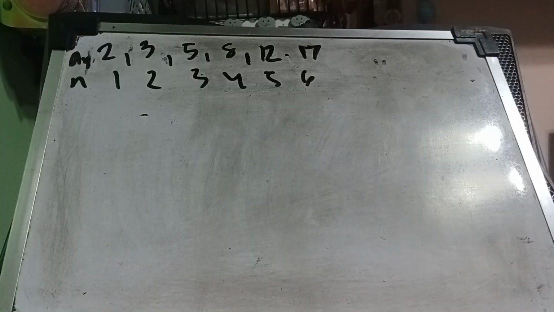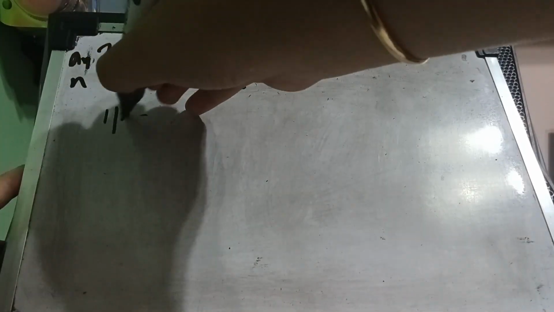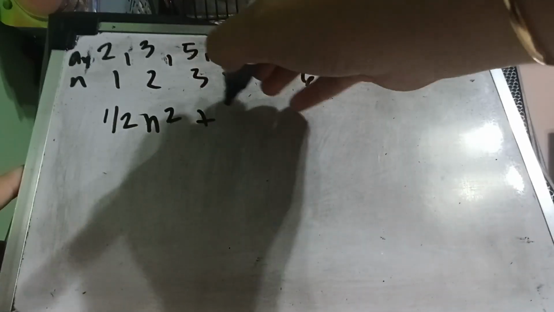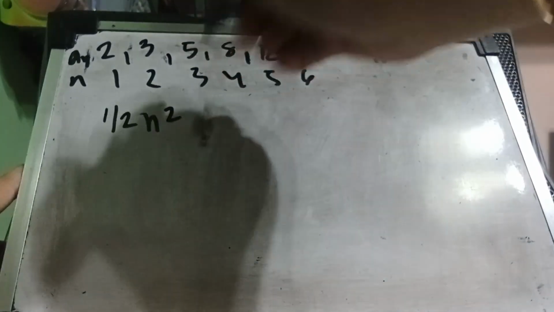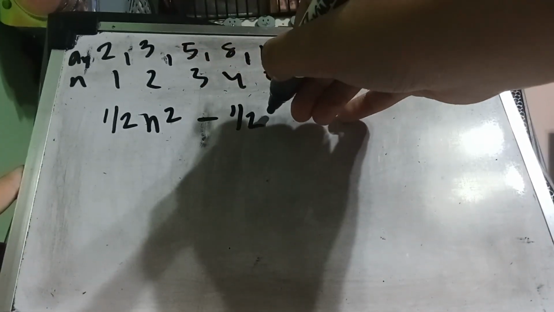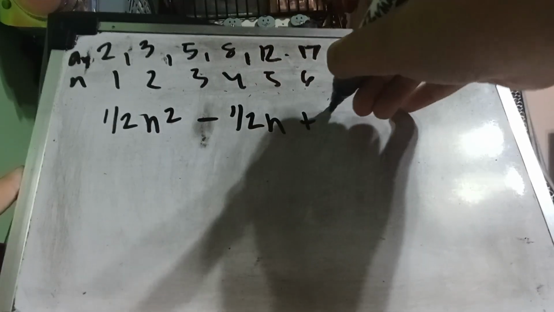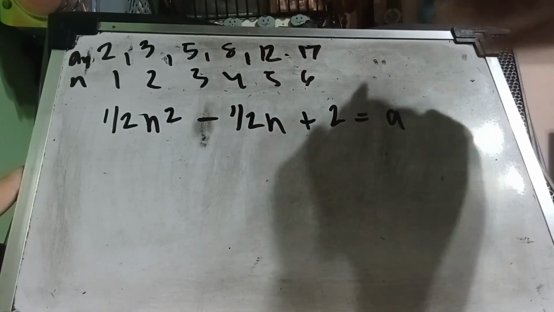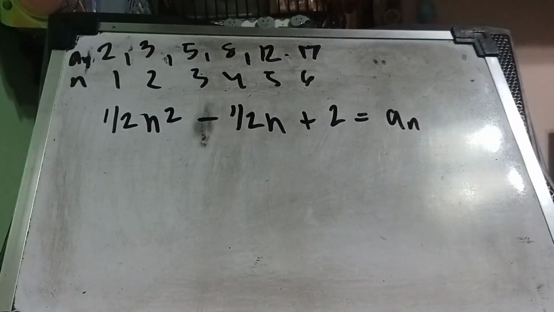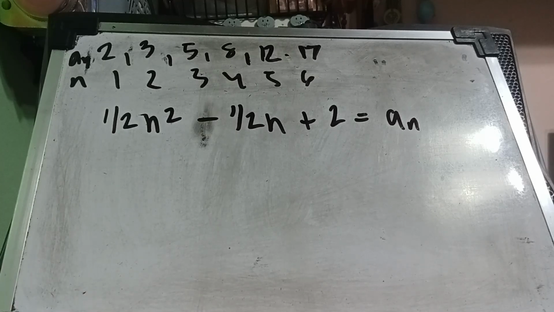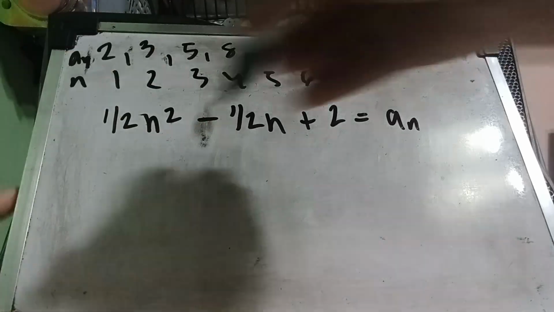Now that nakuha na natin yung formula natin, mag-checking na tayo kung tama ba talaga yung formula. Again, the formula is 1 half n squared minus 1 half n plus 2 is equal to a sub n. Kunin natin yung value ni 2.